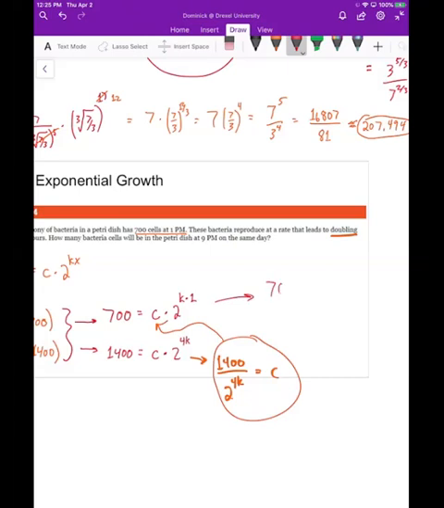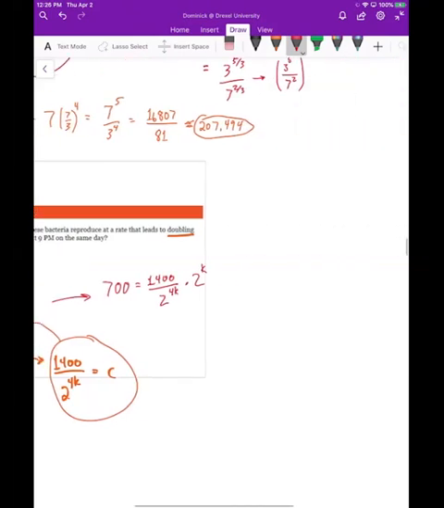So I get 700 is equal to 1,400 over 2 to the 4K times 2 to the K. And then by our exponent rules, 700 is equal to 1,400 over 2 to the 3K.